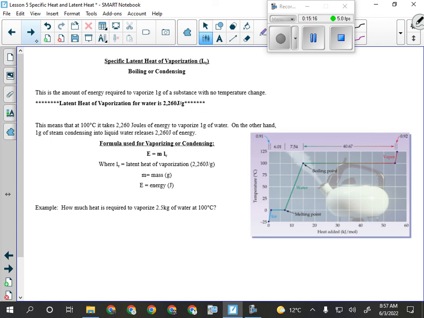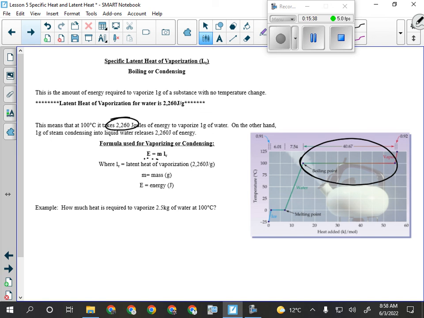Everybody with me on that? So the formula for this part right here is E equals M, mass again in grams, times LV. This number is LV, 2,260 joules per gram.